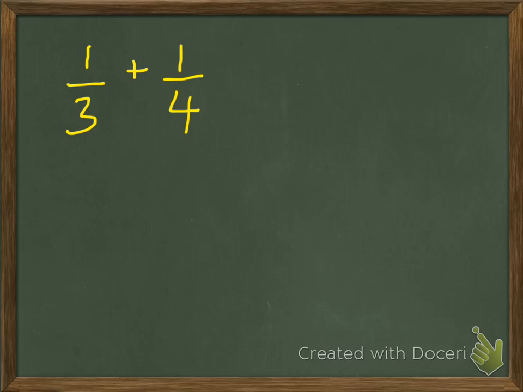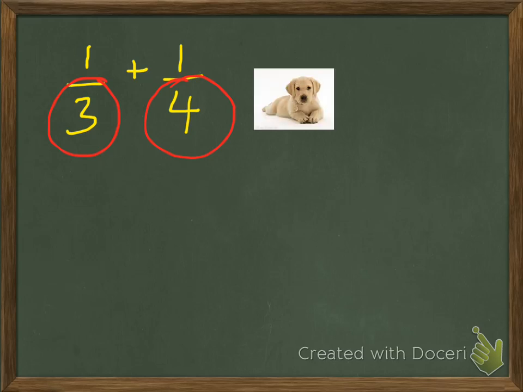So the issue that we've got is one denominator here, which is 3, and one 4, and the idea of this is reasonably simple. The concept is, can I add a Labrador, here's a Labrador, to a poodle?